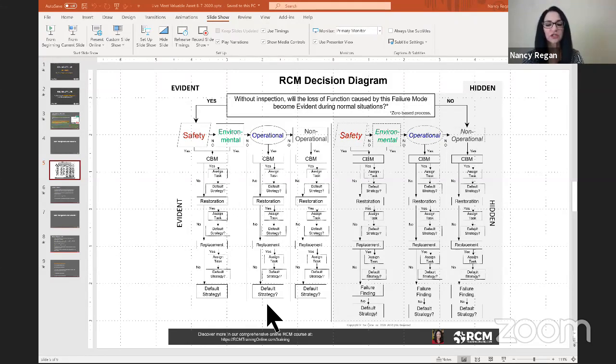So the questions are like 90% the same, but there are some differences. And the other reason is for bookkeeping purposes, because when we go through the decision diagram and we're putting the yeses and the nos in our database, we want to be able to record which one it was. So it's mostly for bookkeeping.